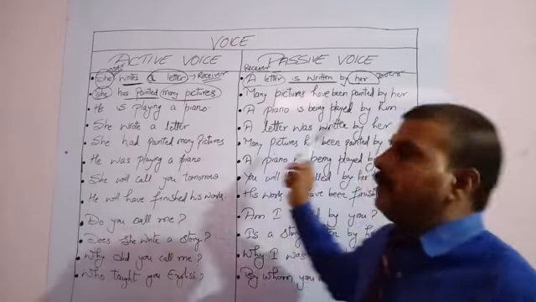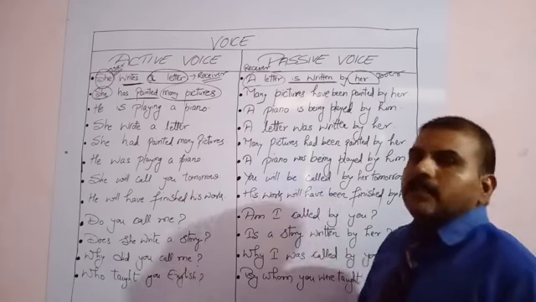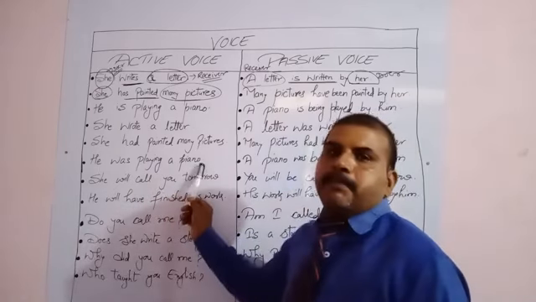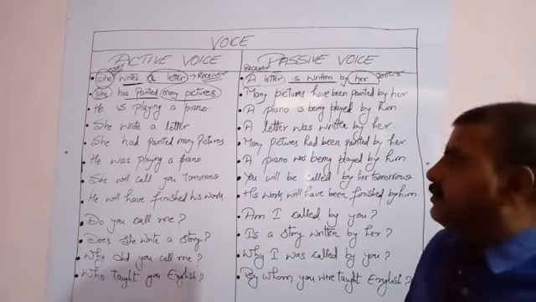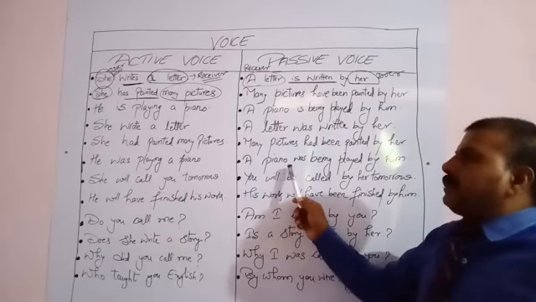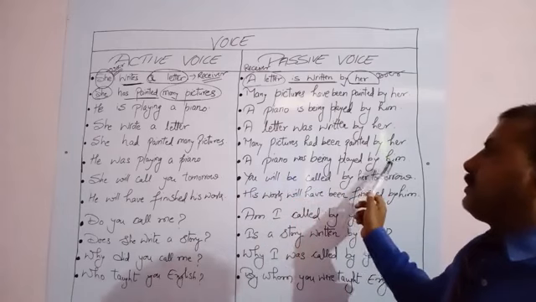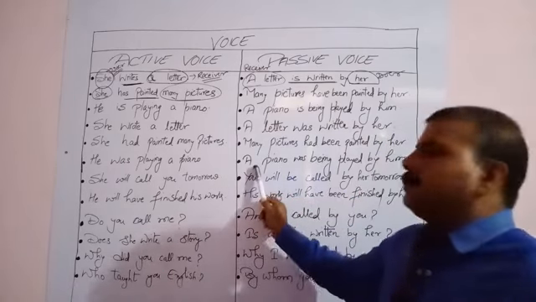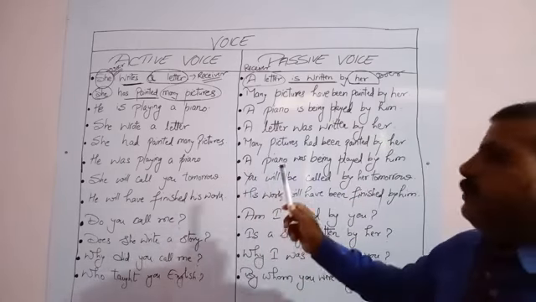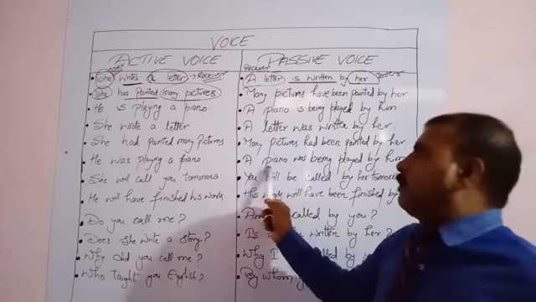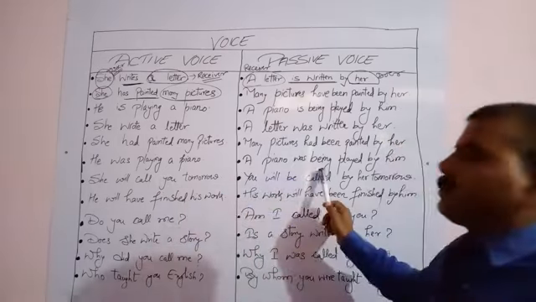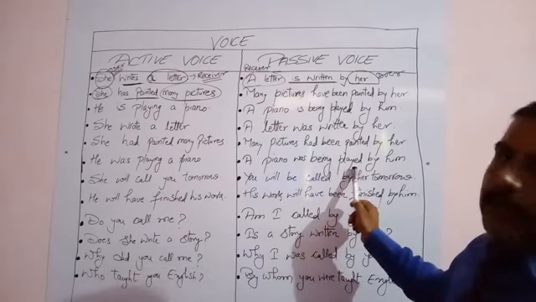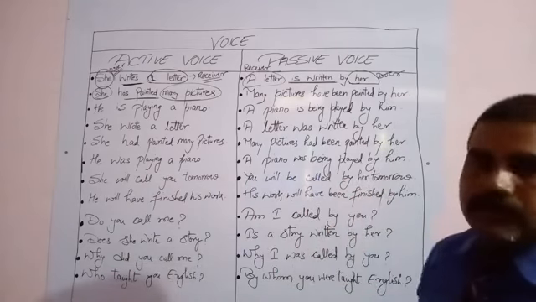The doer became the object here. He was playing a piano. "Was playing" denotes past continuous tense, so the passive for past continuous is also in past continuous. A piano: as per the structure we use "was" or "were." A piano is singular, so "was"; as it is continuous we use "being," played, third form of the verb, by him.